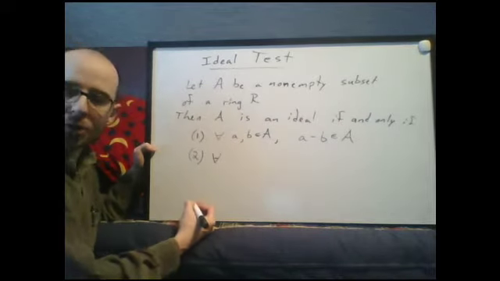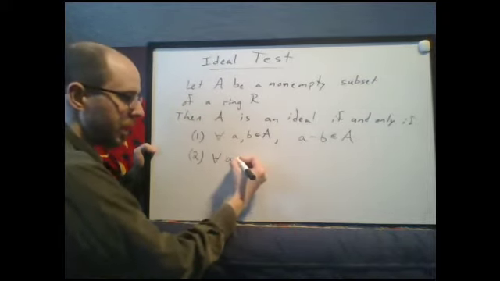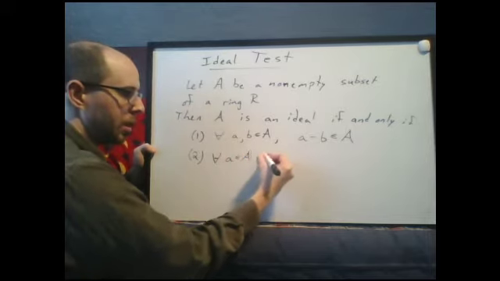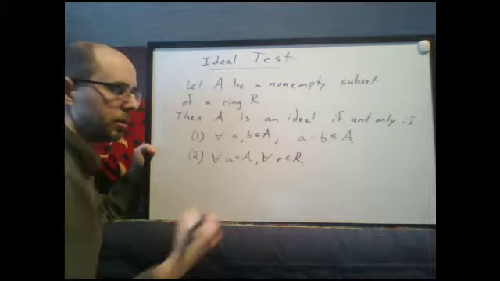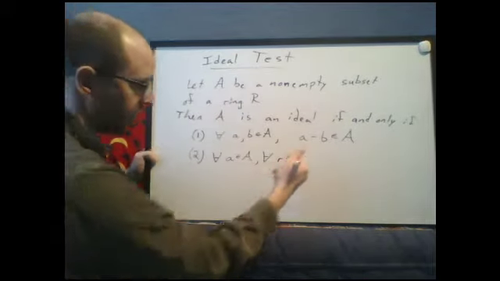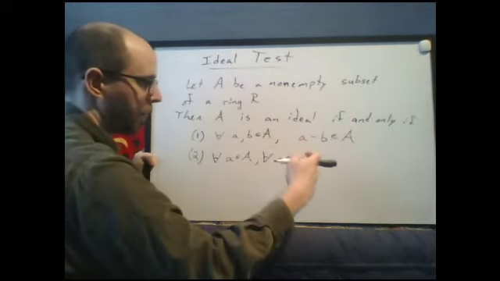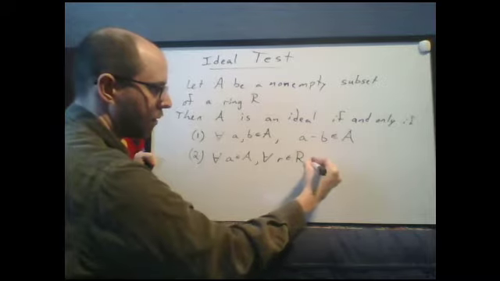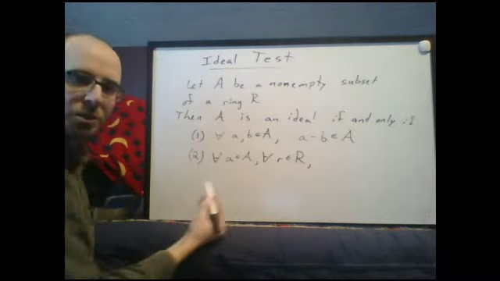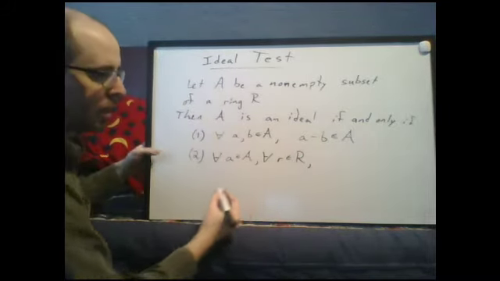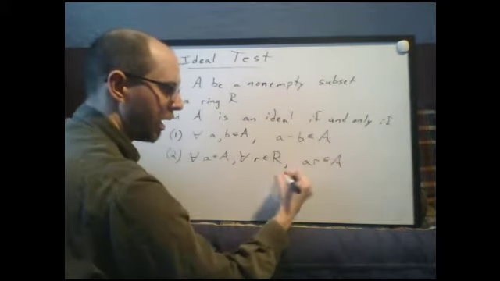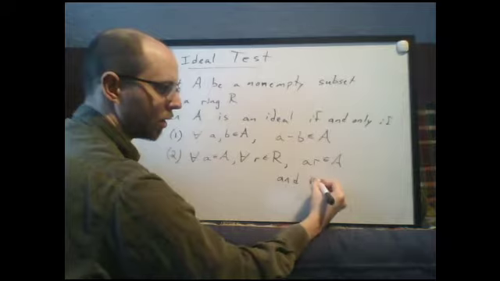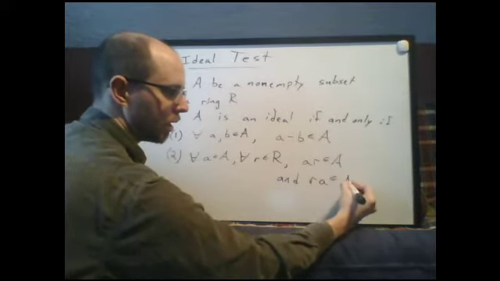That's a stronger condition. So for any a in capital A and for any r in capital R, the product a times r is in A, and r times a is in capital A.